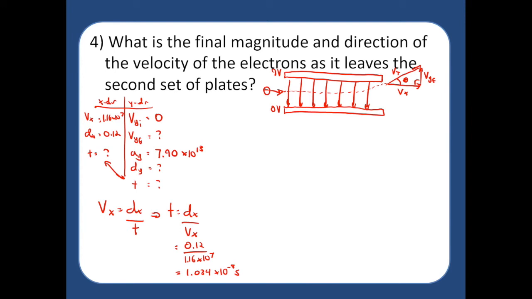Here is where precision is going to be very important. Now, I'm going to do some funny rounding, and you may end up with different answers than I do. I strongly recommend that you carry your decimals all the way to the end and then round there, because two things are going to happen. Number one, we're dealing with very short times and very high speeds. And number two, when we calculate the velocity in the y direction, it's going to be a couple orders of magnitude lower than the velocity in the x, which means that the precision of those values is absolutely essential.